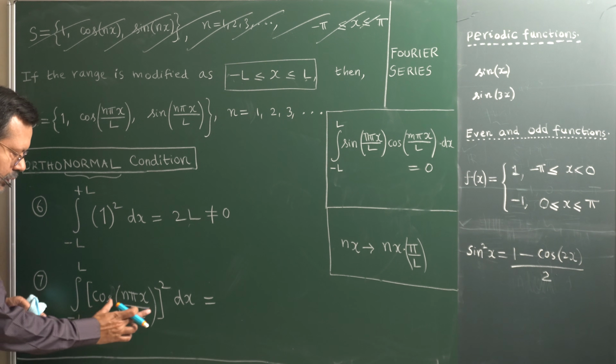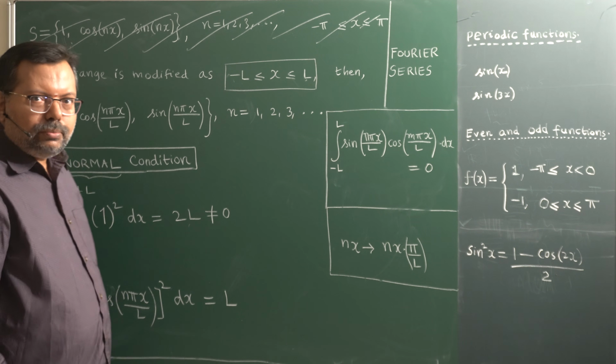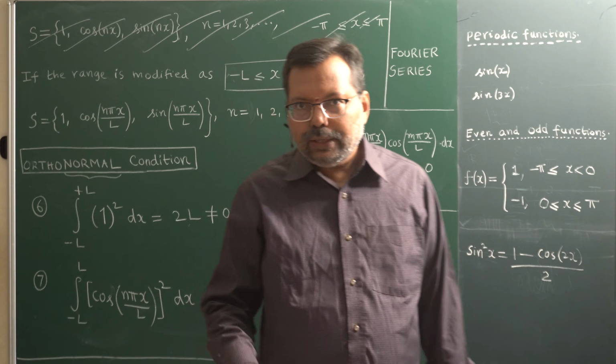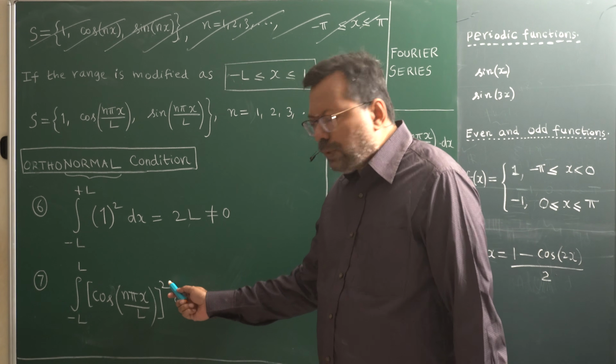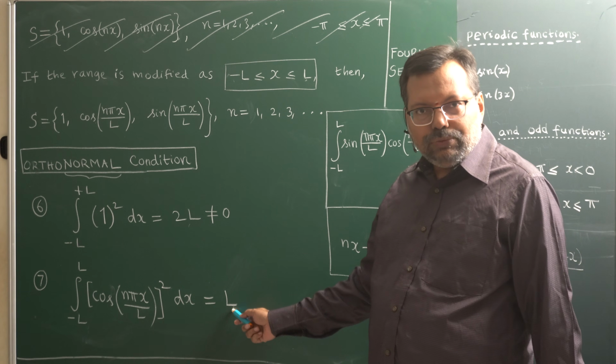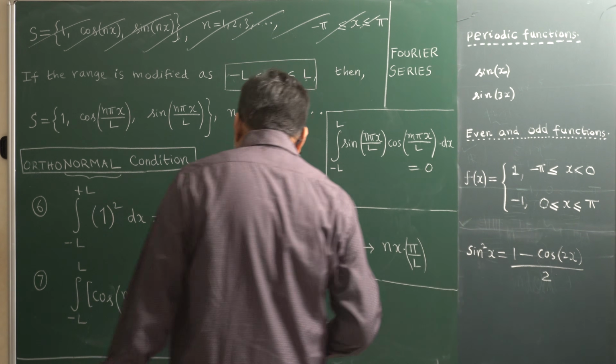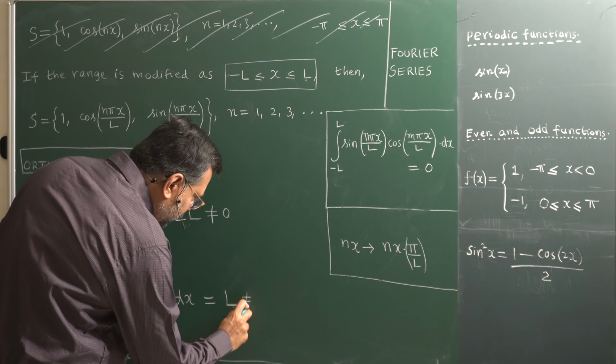If I do this integration, you will again be able to show that this is equal to L. My point here is that if I square an element and then perform the integration, I get some value which is not equal to 0. That is very important.